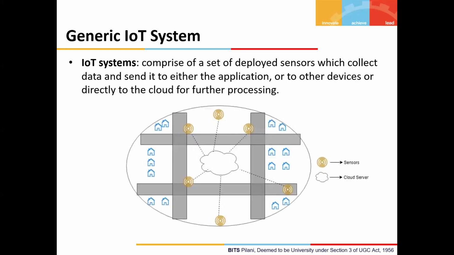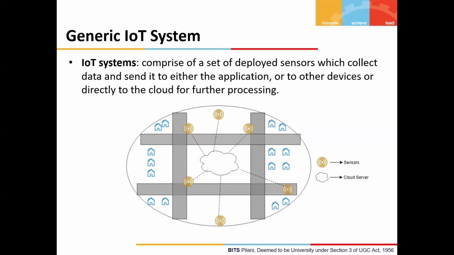Now, what is a generic IoT system? Let's say I'm a company, an organization, and I want to collect, as a very simple example, the temperature data all over India, right? First thing, I need to deploy the sensors at different places, first in the city and then at the country level, right?